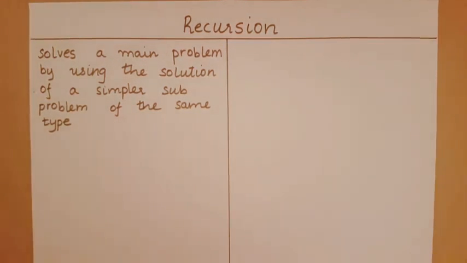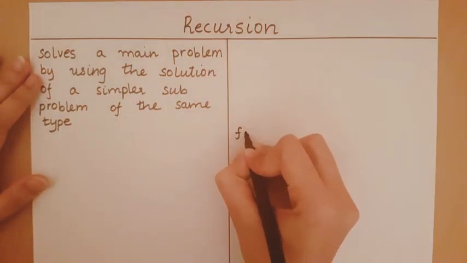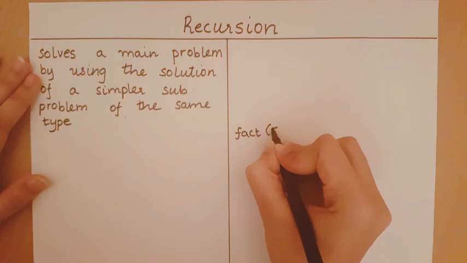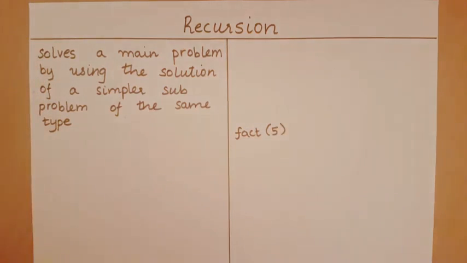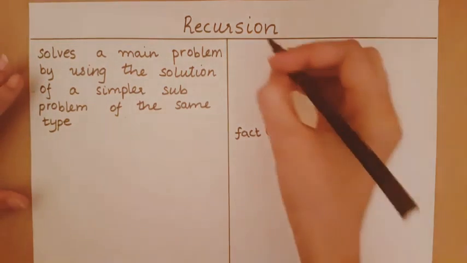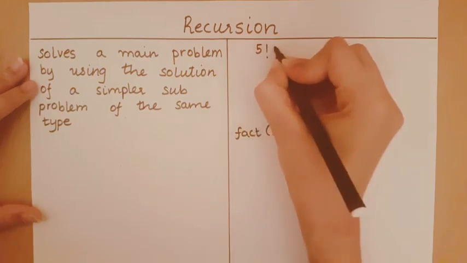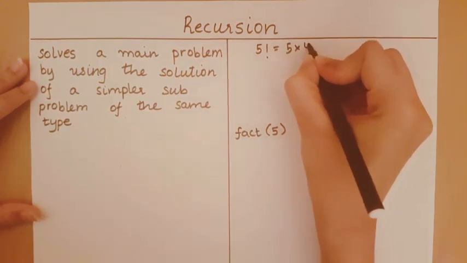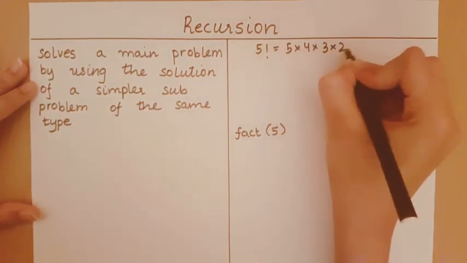Let me explain this with a quick example. Let us say I want to calculate 5 factorial. So I'm going to call the function factorial of 5. Now, you and I know that 5 factorial is nothing but 5 into 4 into 3 into 2 into 1.